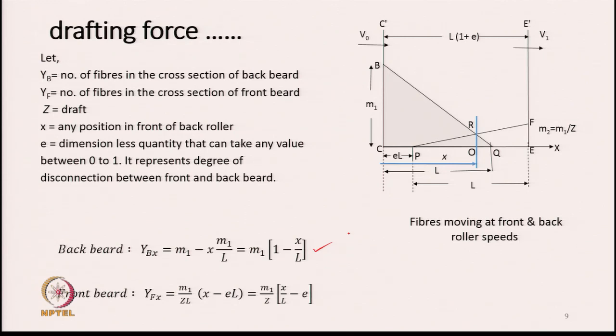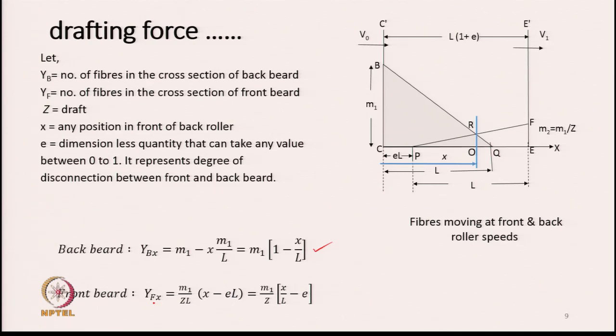We follow the same procedure for y_f also. How many fibers are there in the cross section which are held by the front roller nip, at the same location x? So y_f(x), if we write, is going to be m1 by z L within bracket x minus EL.